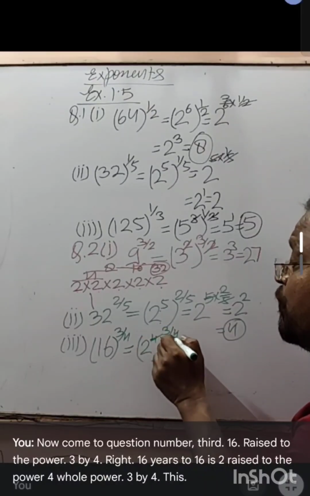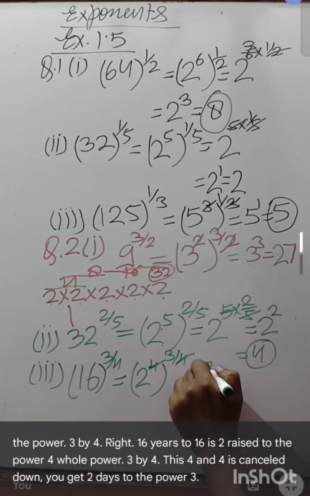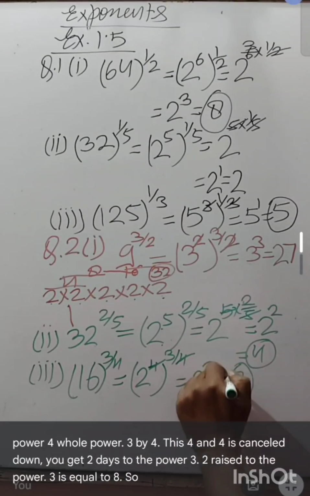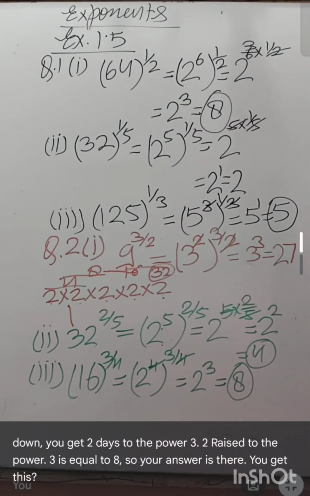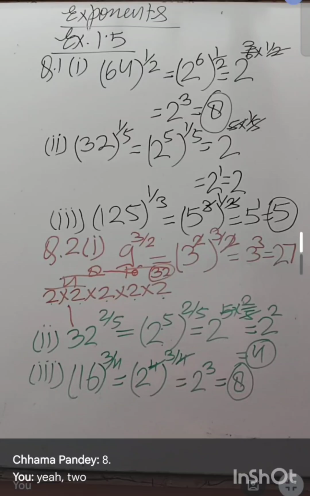This 4 and 4 is cancelled out. You get 2 raised to the power 3. 2 raised to the power 3 is equal to 8. So your answer is 8. You get this? Yeah, 2 raised to the power 3 is 8.